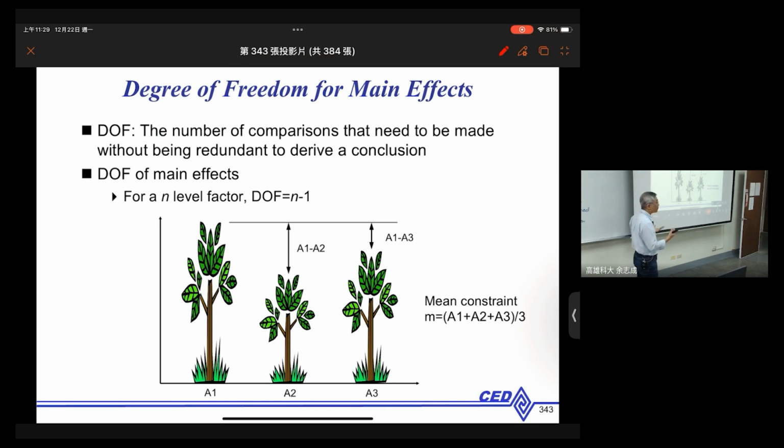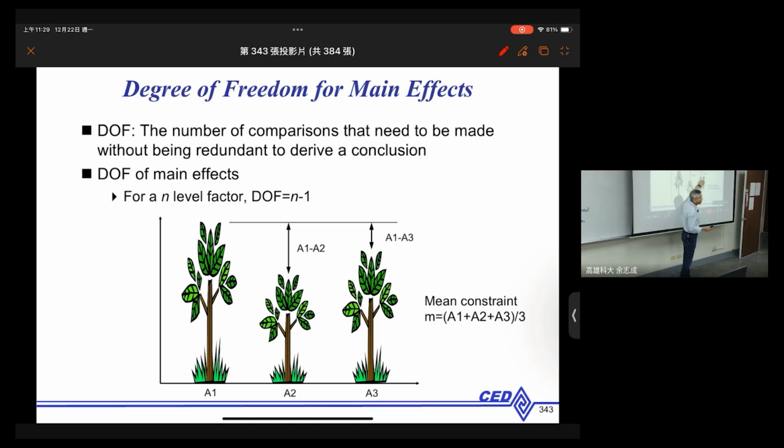Then how many comparisons do we need to do in order to make this decision? In this case, we only need to do 2 comparisons. We want to determine the difference between tree 1 and tree 2, or A1 and A2. And also make another comparison, A1 and A3. 2 comparisons.